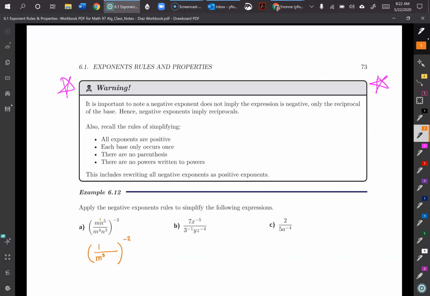Then we have n to the fifth over n cubed, and that's going to give me n squared. So that's going to be up here. So I have 1 times n squared. I can just get rid of that 1.